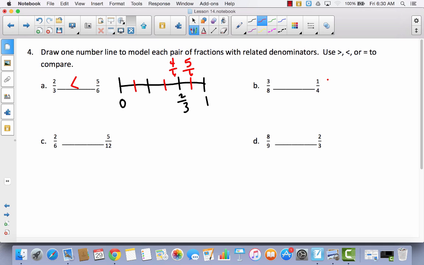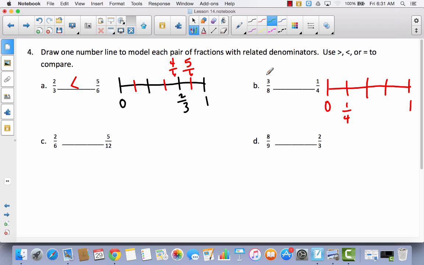All right, so let's take 3/8 and compare that to 1/4. So again, neither one of these fractions is greater than 1, so my number line is going to be from 0 to 1. And I'm going to start with fourths because it's the smallest denominator. So I'm going to divide this in half and then divide each half in half. Now I have 1, 2, 3, 4 parts, and the first one would be 1/4.